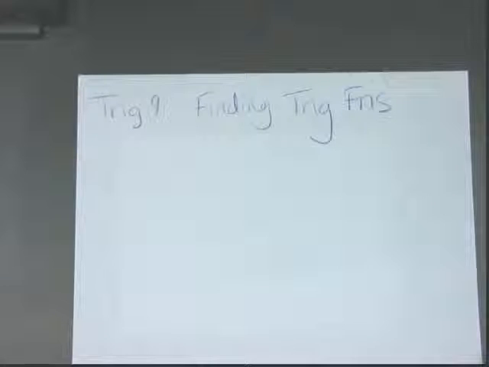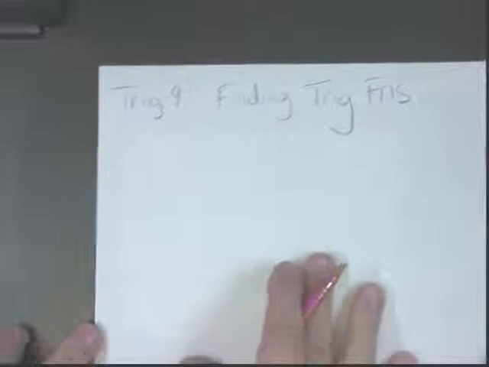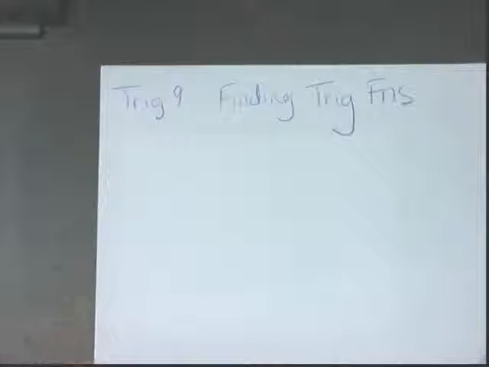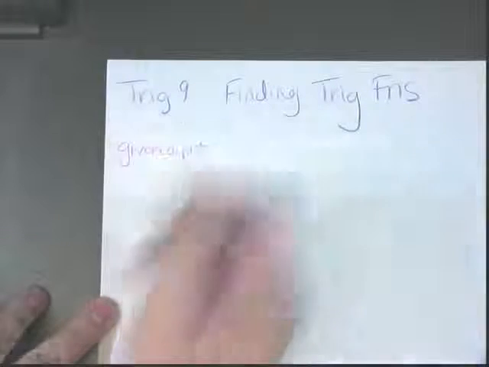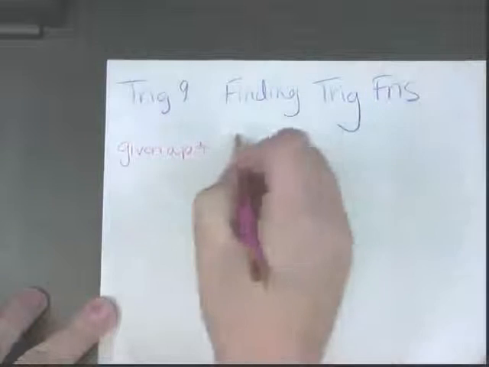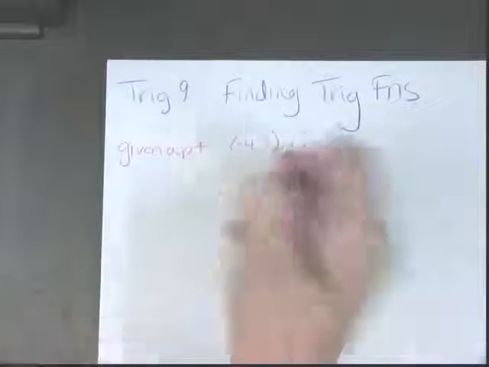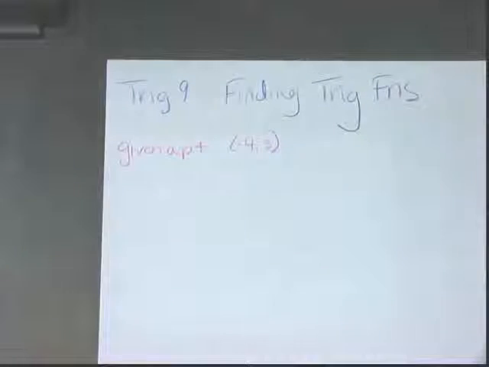Trig 9, we're going to be finding trig functions given different pieces of information. The first one we're going to be doing is if you're given a point. Let's say I give you the point -4, 3, and you want to find the 6 trig functions from this point.